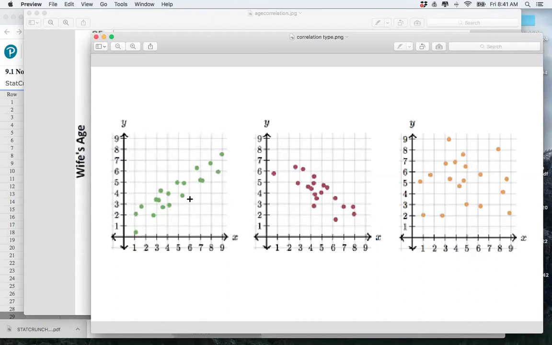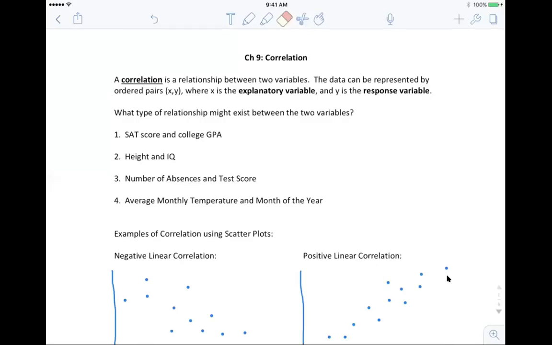Okay, so let's take a look at the notes packet, and we'll start to go through some examples of this. So let's go to that. I've already talked about the nuts and bolts of this. So here we have some different examples.